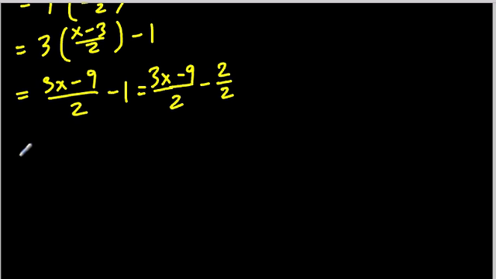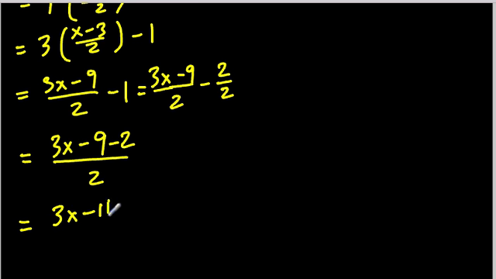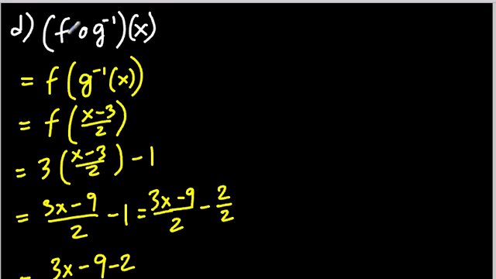And if I extend the page a little bit, it's going to be (3x minus 9 minus 2) divided by 2. So our final answer will be (3x minus 11) divided by 2. What I want to stress is that this is f of g inverse of x. In other words, g inverse goes inside here.